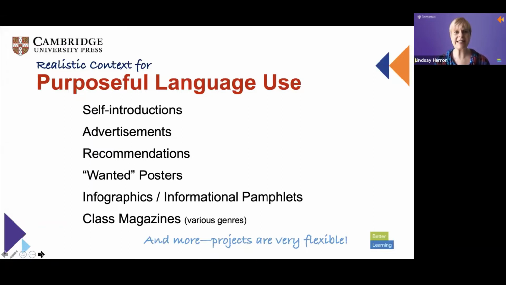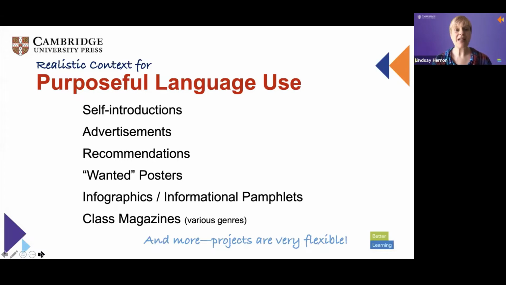The contexts can be things like self-introductions, advertisements, recommendations, wanted posters, infographics or informational pamphlets, class magazines using various genres of writing, and so much more. Projects are very flexible because we use them in the real world too.